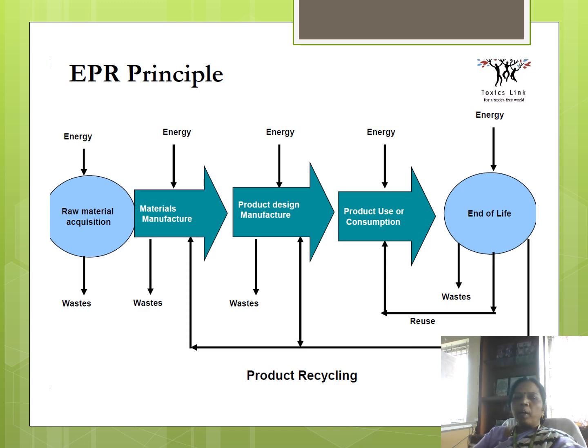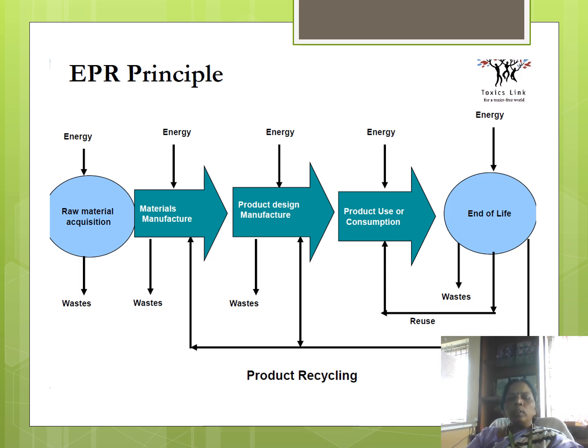Now, what is this EPR principle? The EPR principle includes energy, that is raw material acquisition. Then we manufacture the materials or products, which involves product design and manufacture. Then the product is used and consumed, and the product comes to an end.